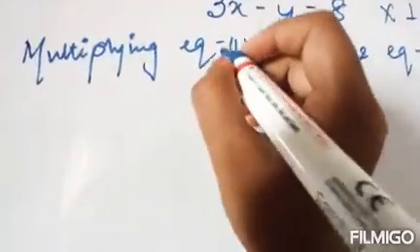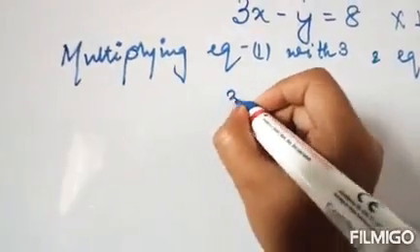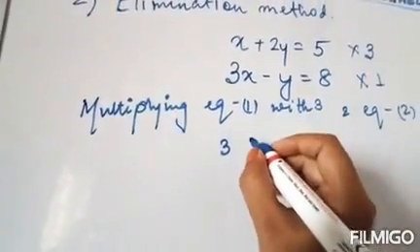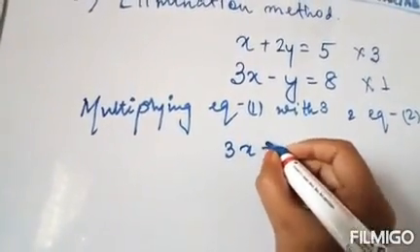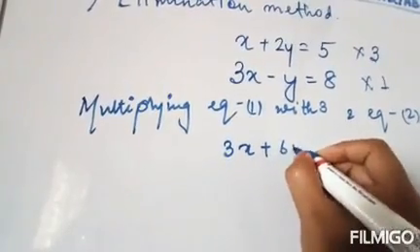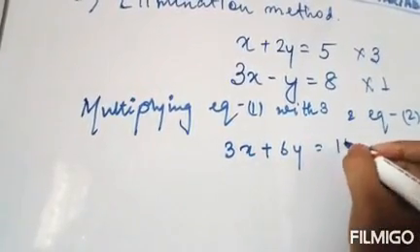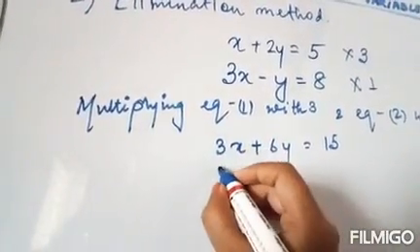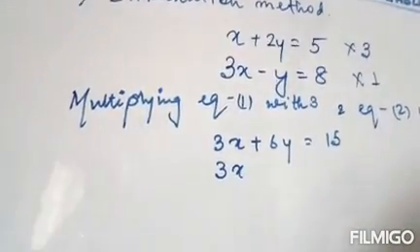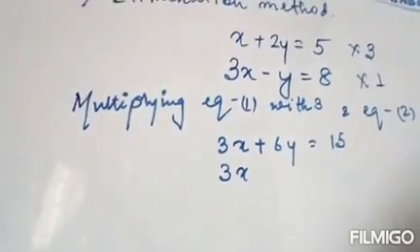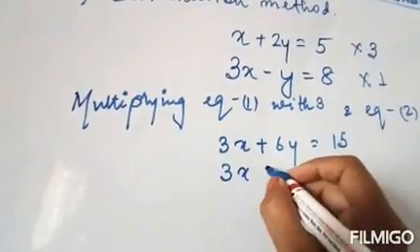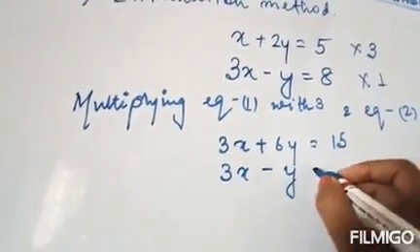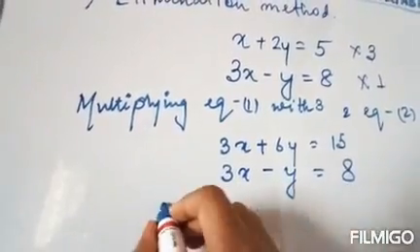So what do I get? 3x plus 6y is equal to 15, correct? And the second one, 3x minus y is equal to 8.